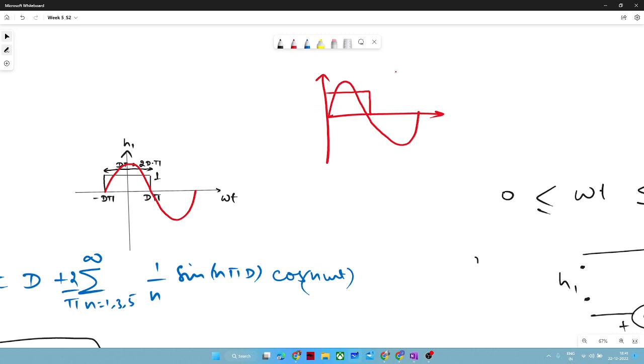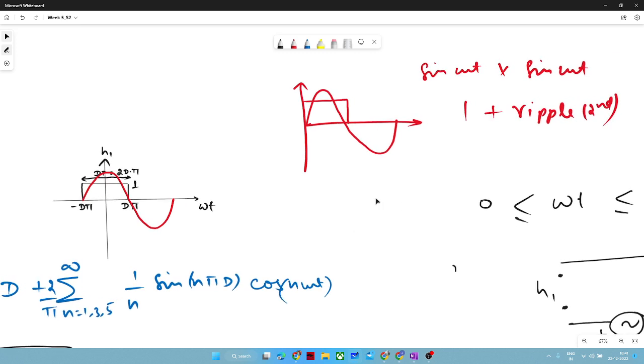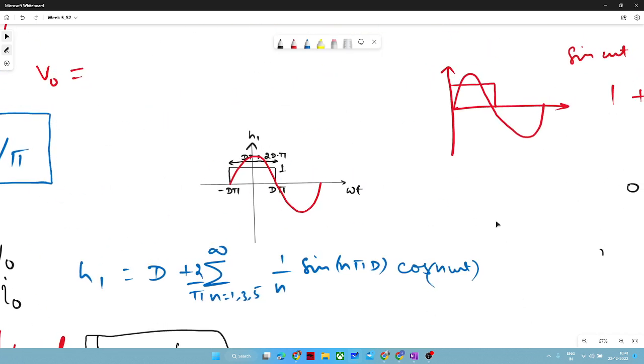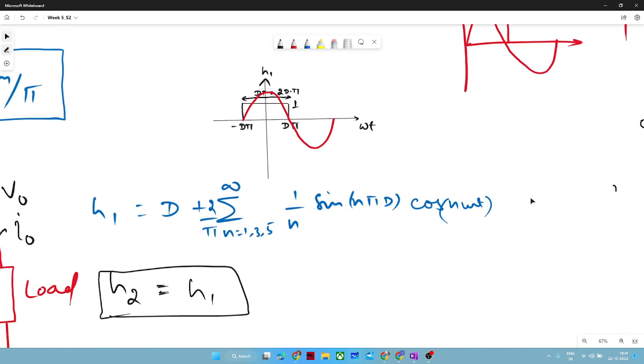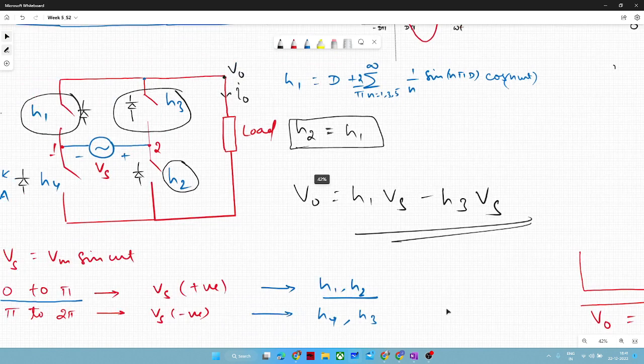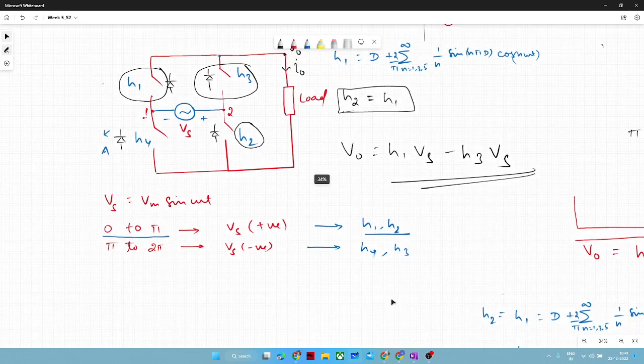If you provide supply also as a sinusoid, then again sin omega t and sin omega t, you will get fundamental and ripple of second order. So I hope you understood the reason behind why I am going with cosine, because I have considered an even function already. So now I need to provide a cosine kind of supply. Does that make sense?